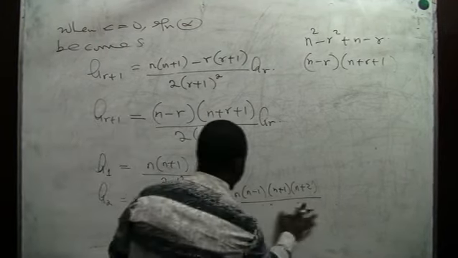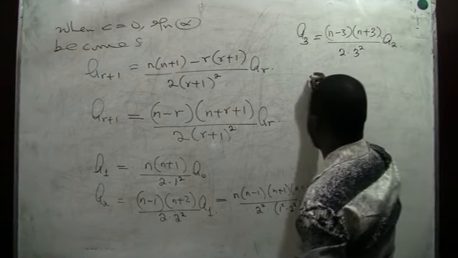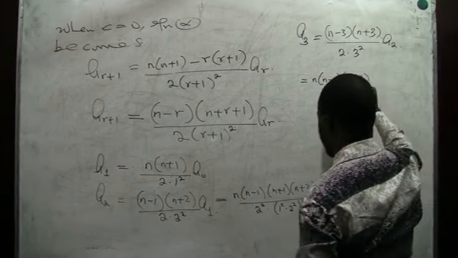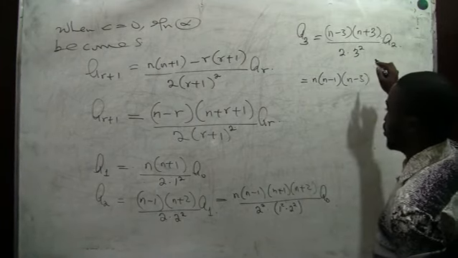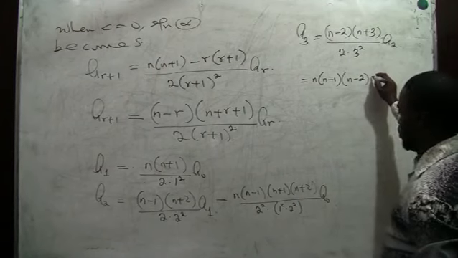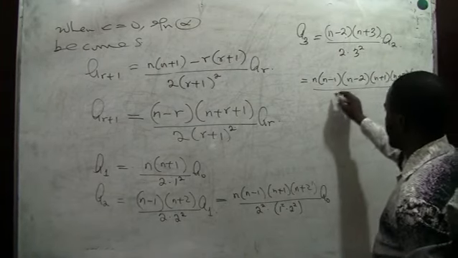A3 simply means we substitute 2 for r here, and we have it as n minus 3 followed by n plus 3 divided by 2 multiplied by 3 squared A2, which eventually becomes n minus 1, n minus 2 into n plus 1, n plus 2, n plus 3, all divided by 2 raised to power 3.